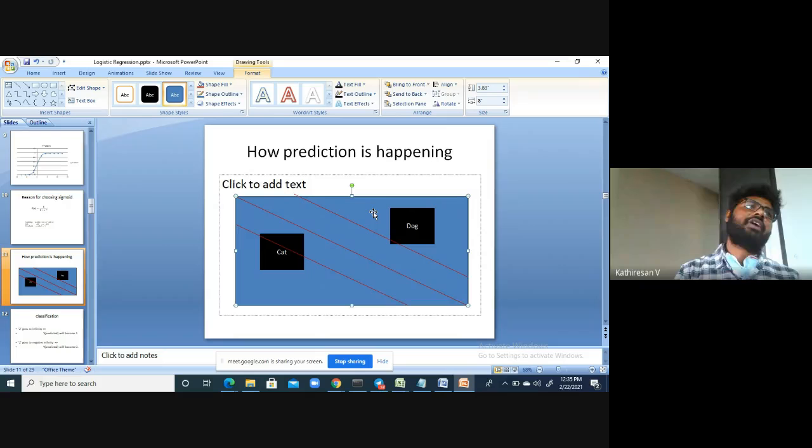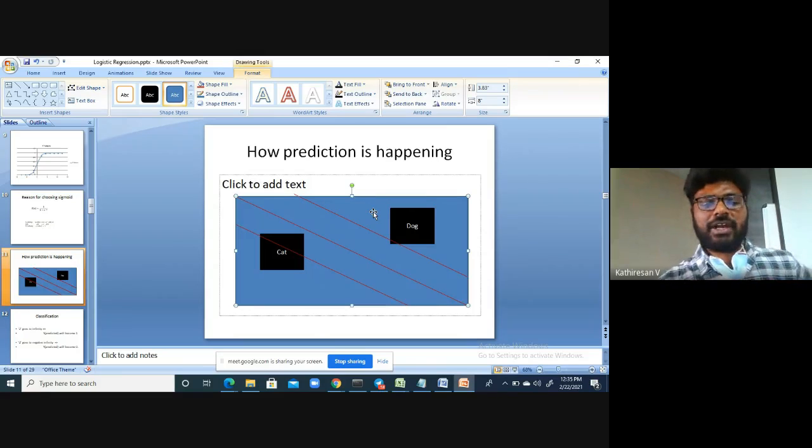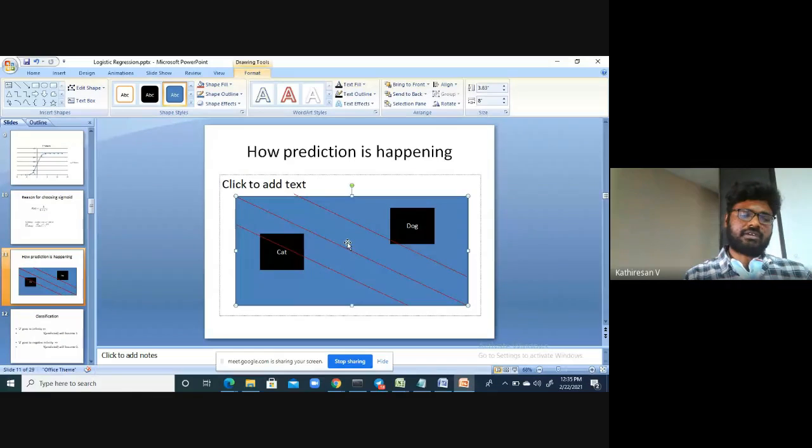You can give one weight, or you can give n number of independent variables, but finally it will give a probabilistic value. Based on that value, you are predicting classes, whether it belongs to cat or dog.